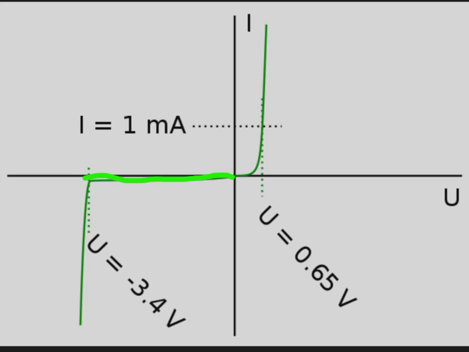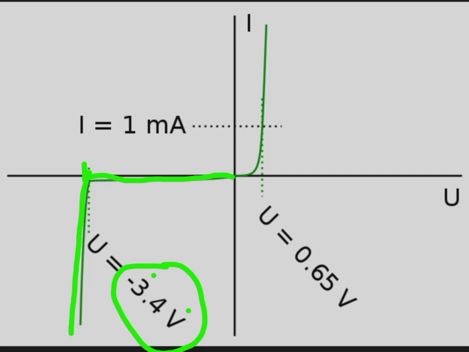However, coming back to the Zener case, when it exceeds the breakdown voltage of 3.4 volt, which is the specification of the Zener, you see the Zener breakdown. It is called the Zener voltage. 3.4 volt is also called the Zener voltage. When you cross that voltage, a current starts flowing in a large amount through the Zener.